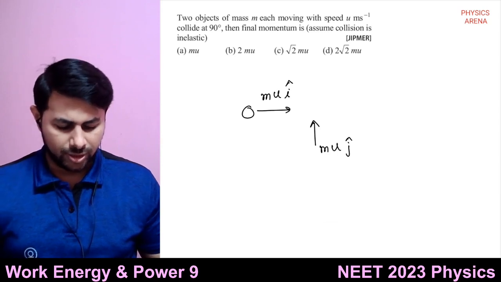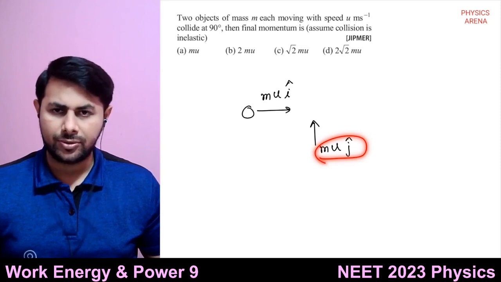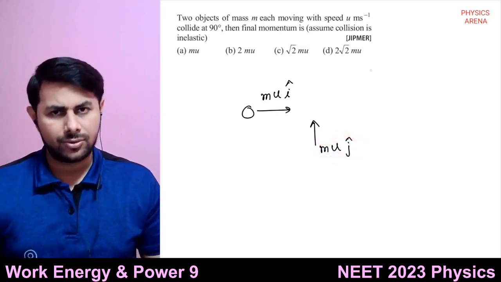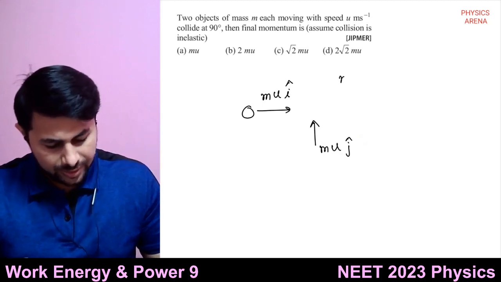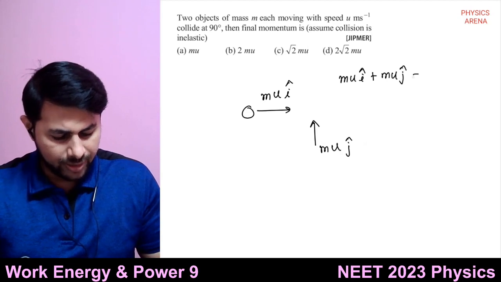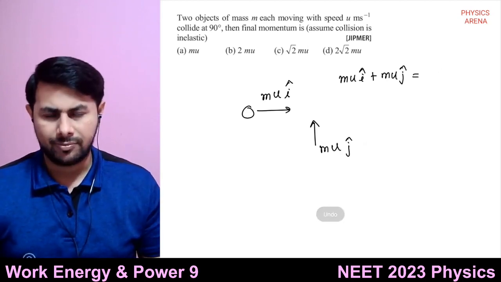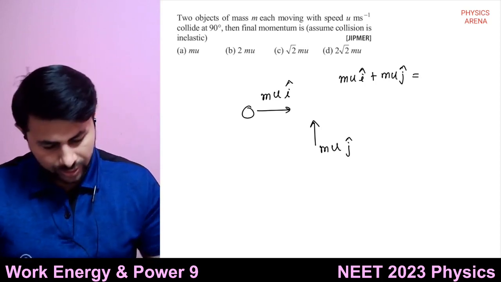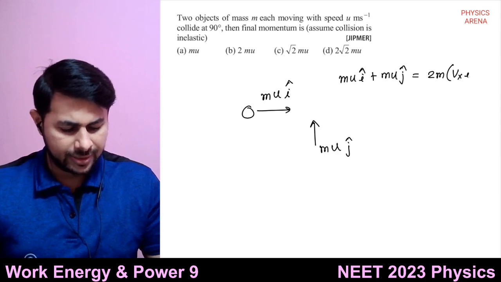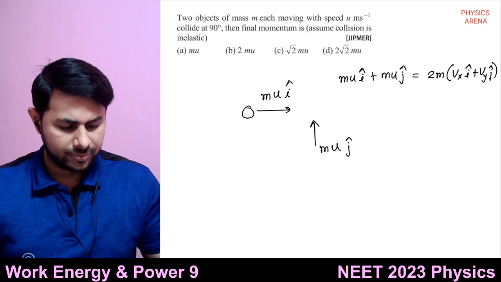So how much is total momentum? mu into i cap plus mu into j cap. This is total initial momentum. So this must be equal to total final momentum, right? So mu into i cap plus mu times j cap is equal to, its mass will be m plus m because they are sticking together. So m plus m is 2m multiplied by some Vx into i cap plus some Vy times j cap.